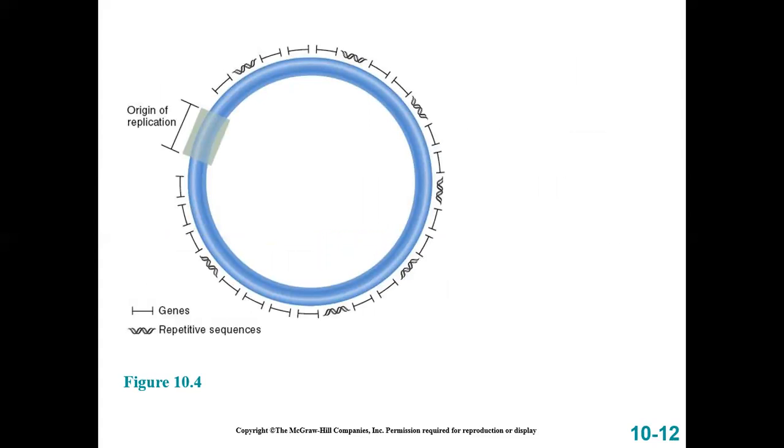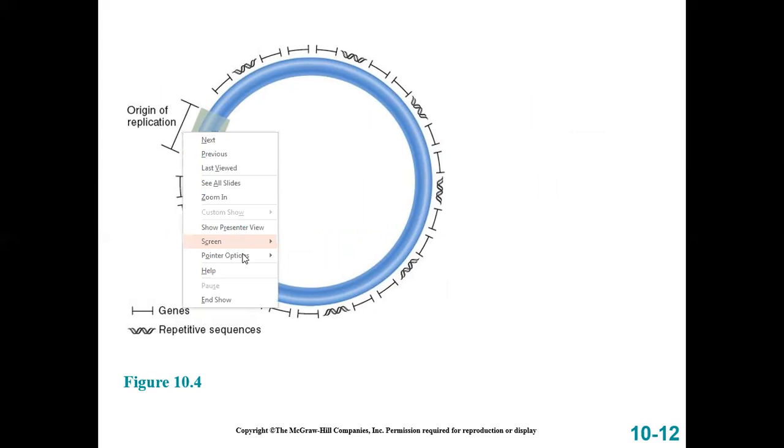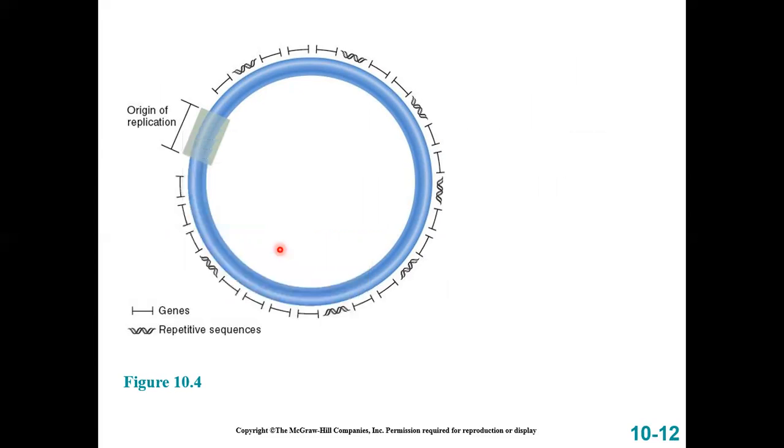It starts here. This is the origin of replication region of the bacterial genome, and these are the non-transcribable regions, and this one is the transcribable region of the DNA.